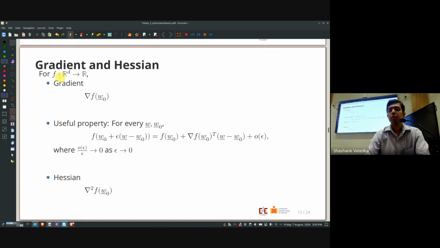All right. Likewise, if the function is twice differentiable, then you can also define the Hessian. So this would be ∂²f/∂w1², ∂²f/∂w1∂w2, and so on.